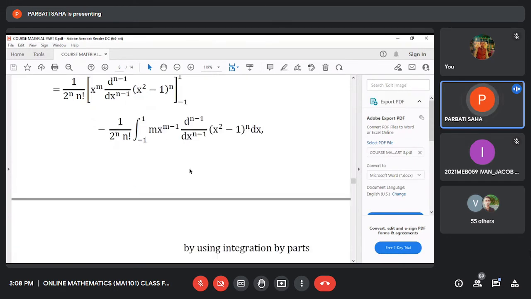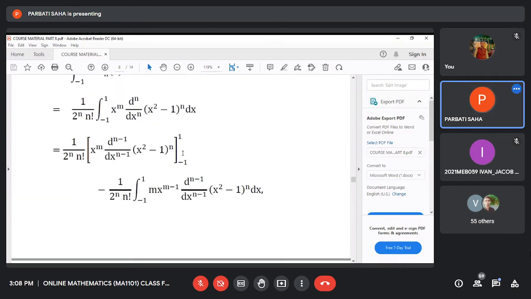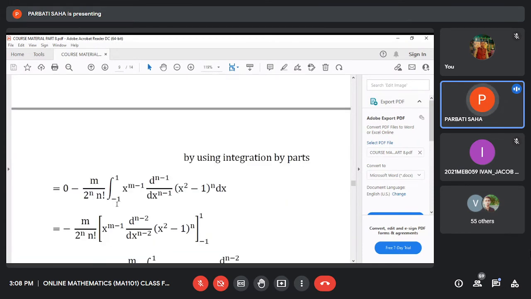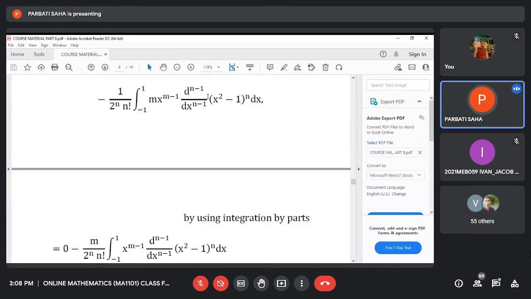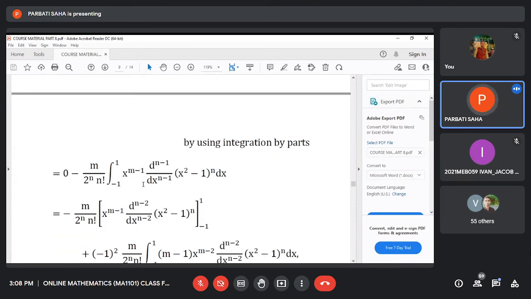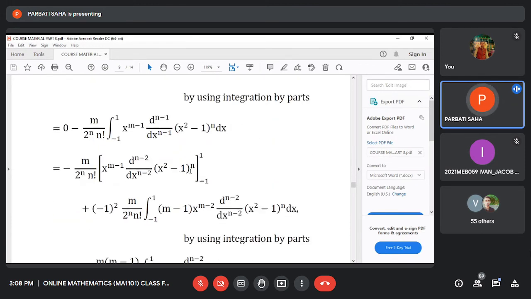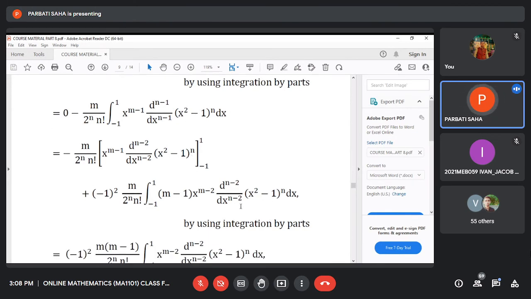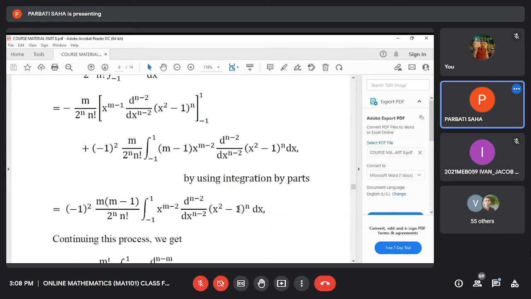The first term should vanish because of these limits. Then the only non-vanishing term is this minus this. Again you apply integration by parts here, and then you can obtain this. Next you will obtain this.